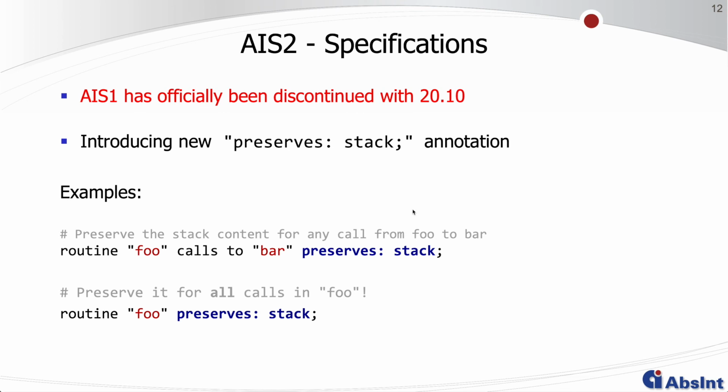Let me now introduce the new preserved stack annotation to you. For that, have a look at the first example. Assume we have a routine called foo, and this routine contains a call to routine bar.